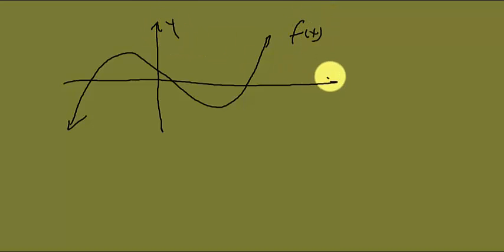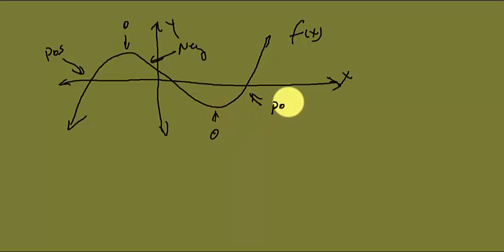So that's my y and that's my x. Now I want you to notice that the slope here is positive, slope here is 0, slope here is negative, slope here is 0, and slope here is positive.